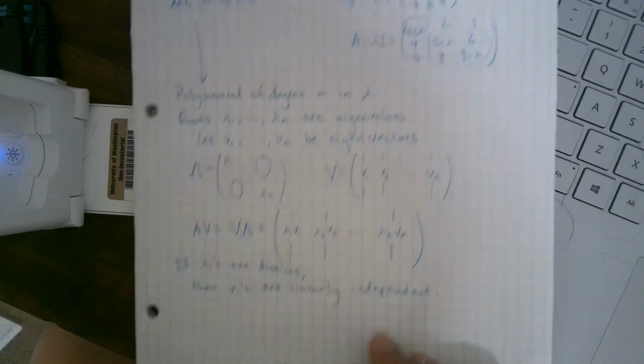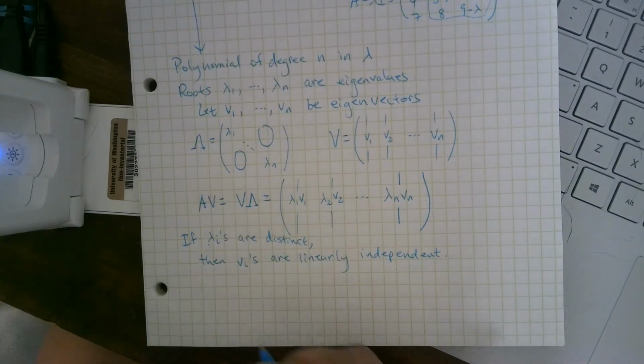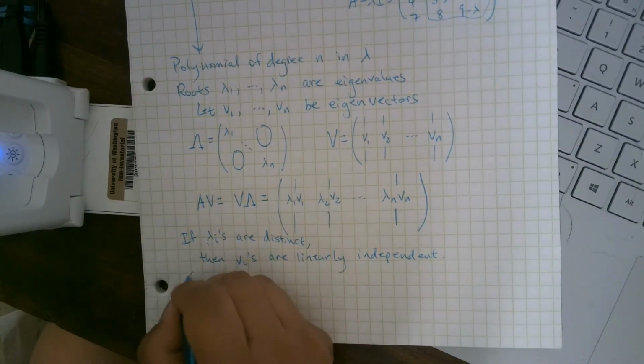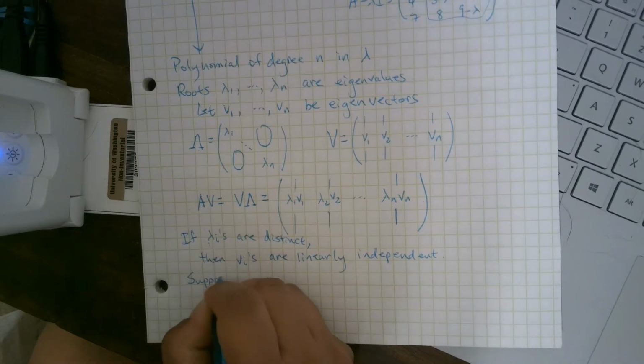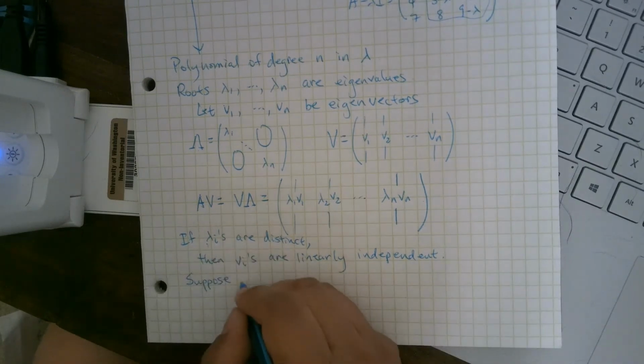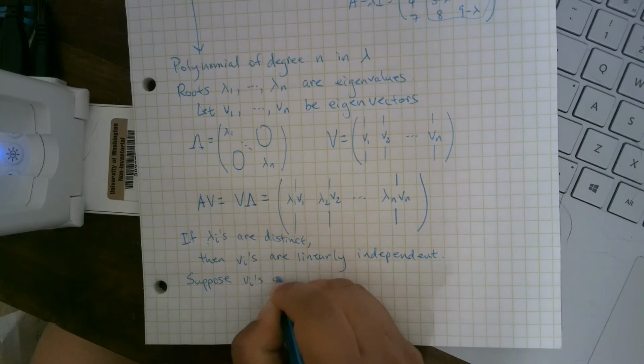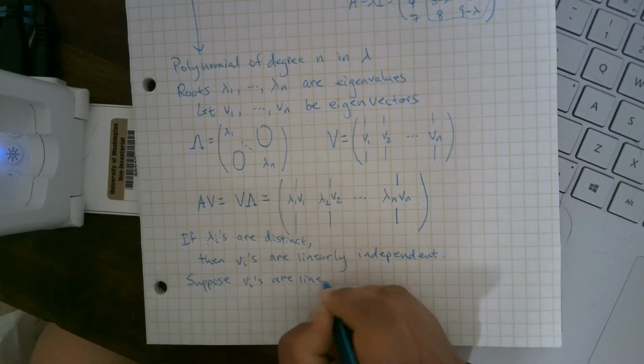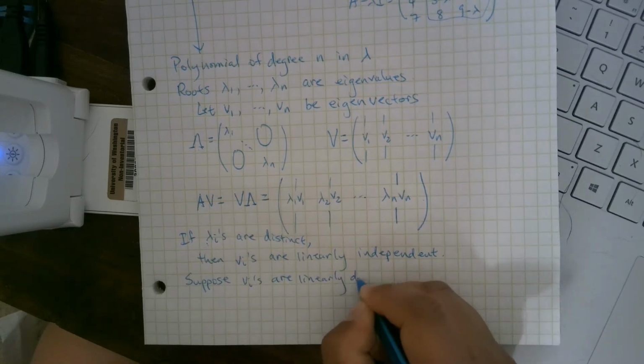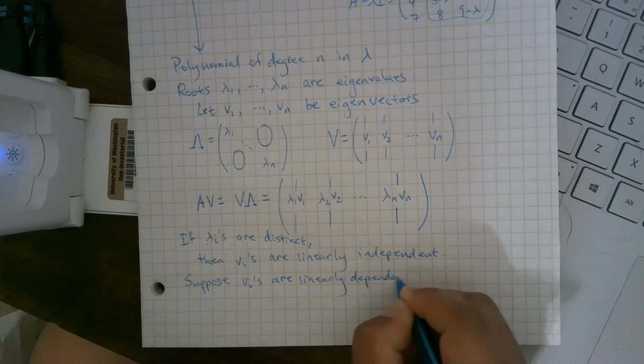Let's just take a minute to prove this. Okay, so suppose that the vi's are linearly dependent. What does that mean?